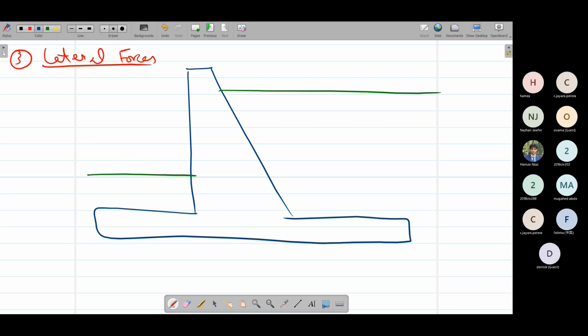This surcharge is acting on this, that is S. So what would be the lateral force of the sand? The lateral force of the sand is determined by its active or passive earth coefficients. For example, this green portion is our backfill.